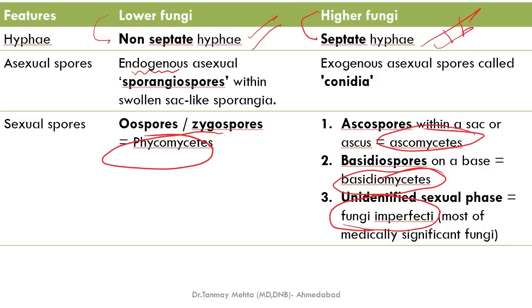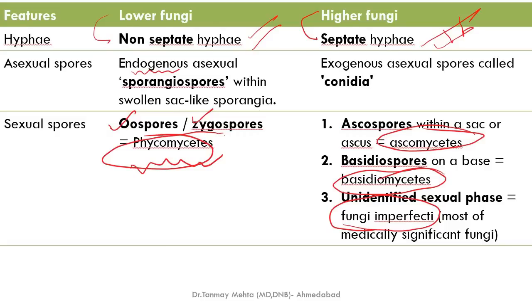Now in sexual spores, there are two varieties, oospore and zygospore, in non-septate hyphae or lower fungi. That is in Phycomycetes. If we go towards higher fungi, then sexual spores could be ascospore within a sac-like structure, or at the gill or in the base of the fungus, known as Basidiospore. That is Basidiomycetes.